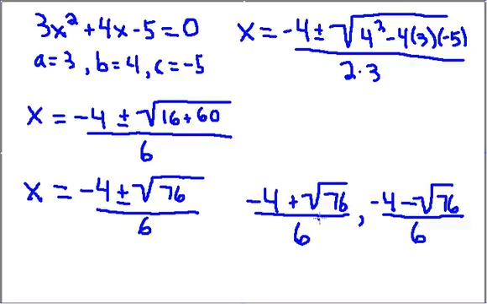If we were to stick in these values, you could actually use a calculator to determine what the value of the square root of 76 is. And remember, you're not going to get an exact answer because the square root of 76 probably goes on indefinitely. So you're not going to get an exact value of 0, but you'll get very, very close to it.